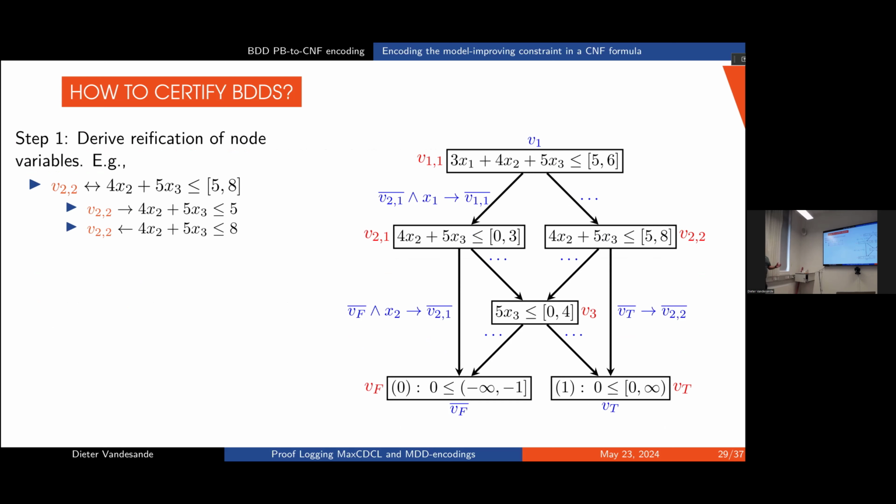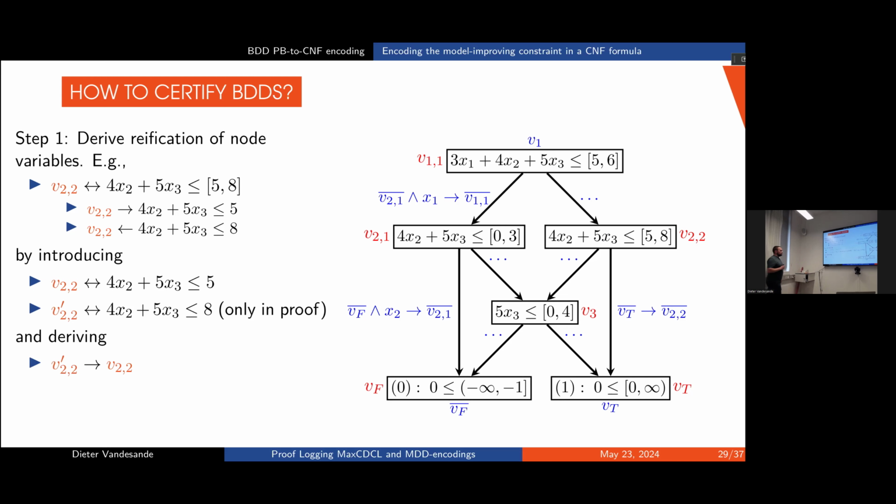And more importantly, then the clauses are easy to derive. But how can we now prove this? Because simple reification assumes that you have the same right-hand side. So how will we actually get this to work? How will we prove this?